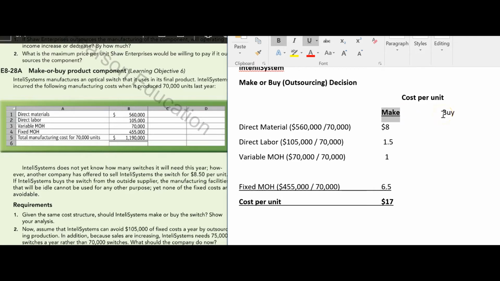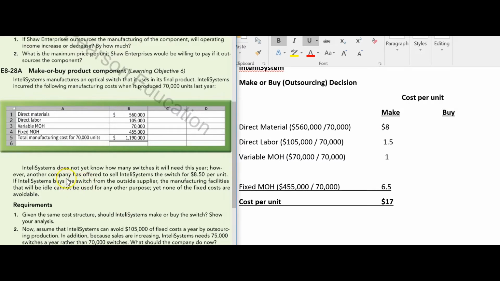Now what if they would buy it? The other company gave them this offer: they could buy it from another company and each switch will cost $8.50. So when they are buying it, remember they don't need to pay these manufacturing expenses, so they just need to pay their purchase price per unit. I will show it in the buy column.